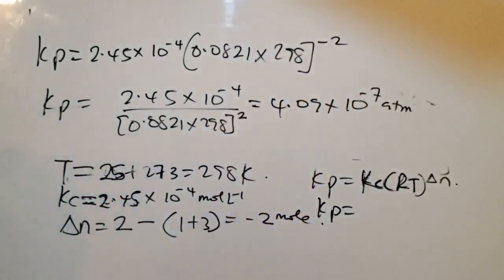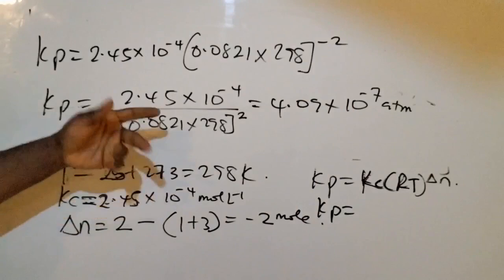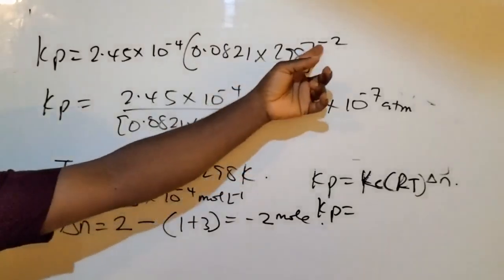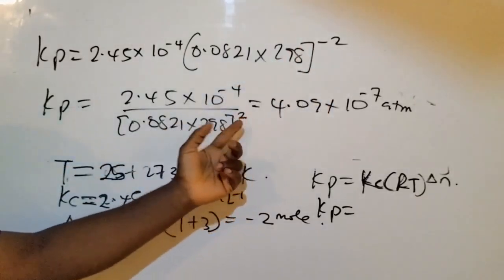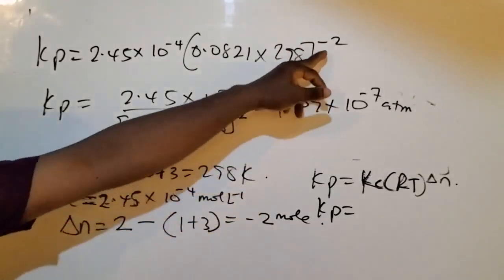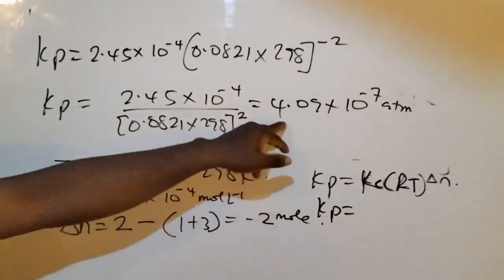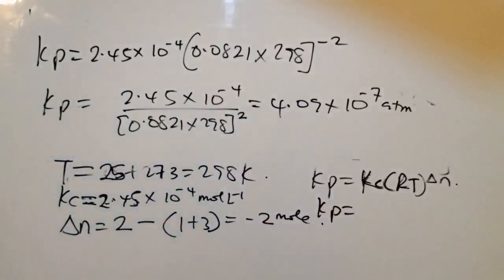Then you can now evaluate. From the law of indices, when it comes under, this minus 2 turns to plus 2. So you remove the minus sign, then divide this by that, and you have 4.09 times 10 to the power minus 7 atmosphere as the value of our Kp.